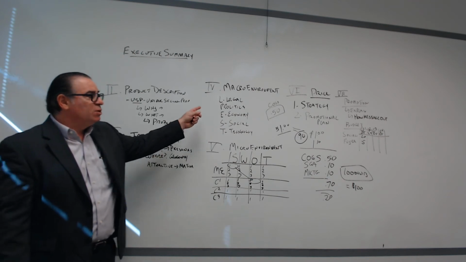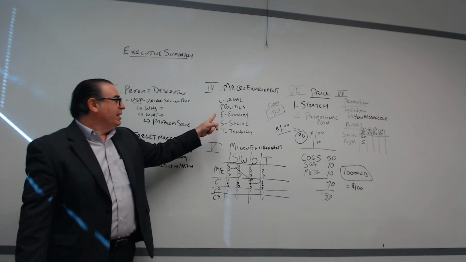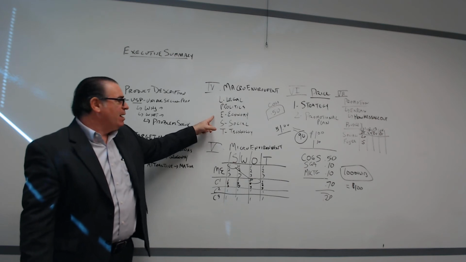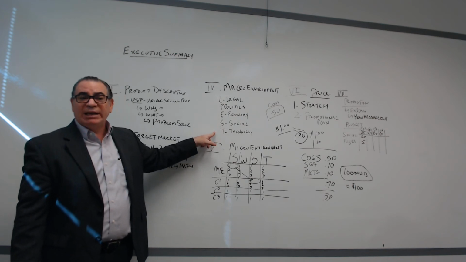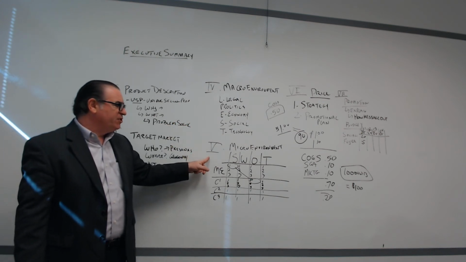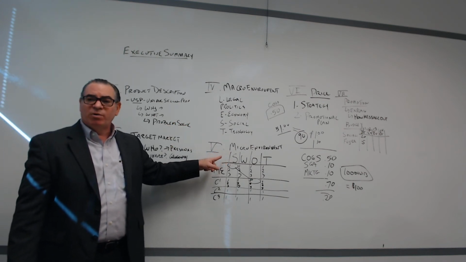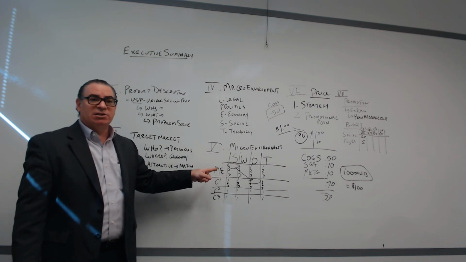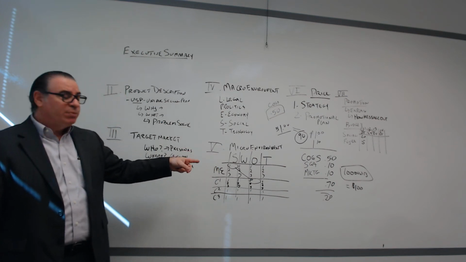In the next section, we're talking about the macro environment. That's all the legal, political, economic, social, and technological changes that could affect our business. And then in the fifth section, we're looking at the micro environment. That's the SWOT analysis, the strengths, weaknesses, opportunities, and threats.